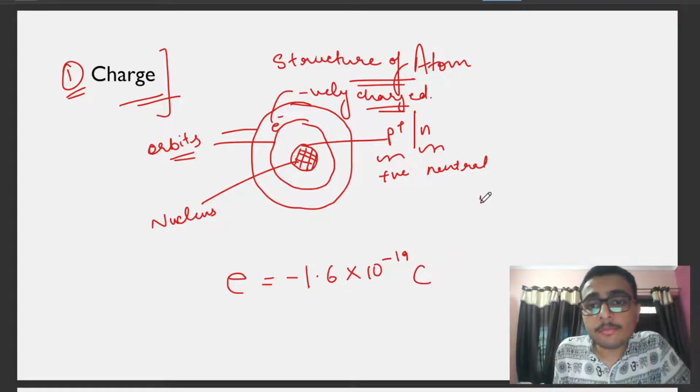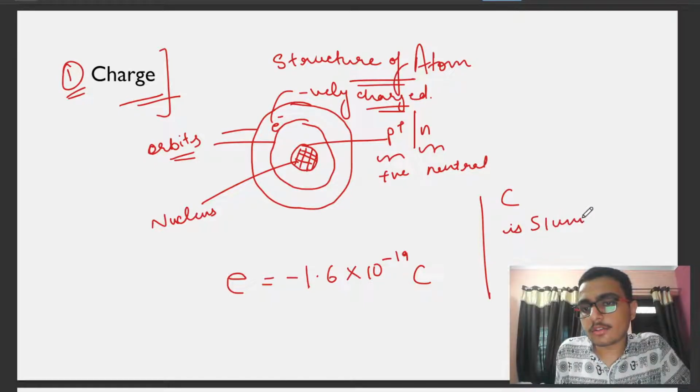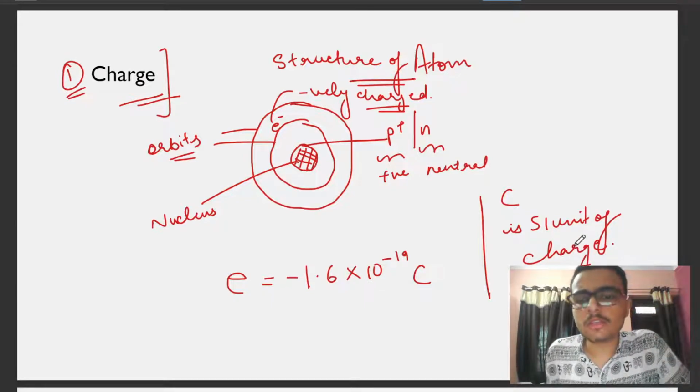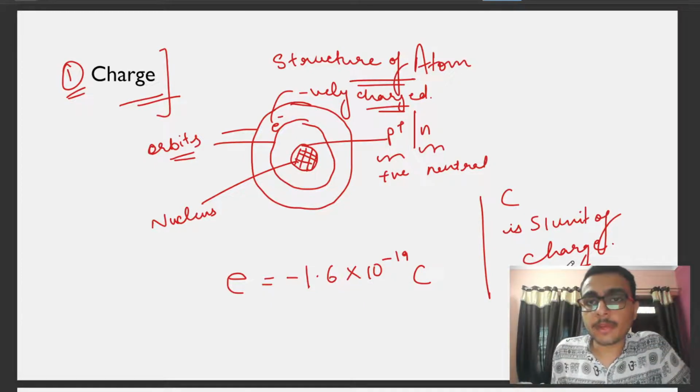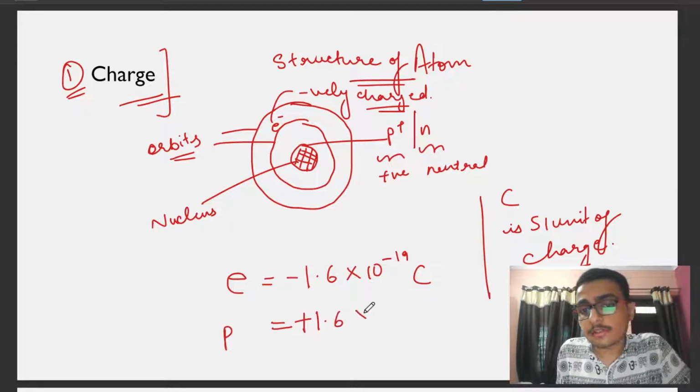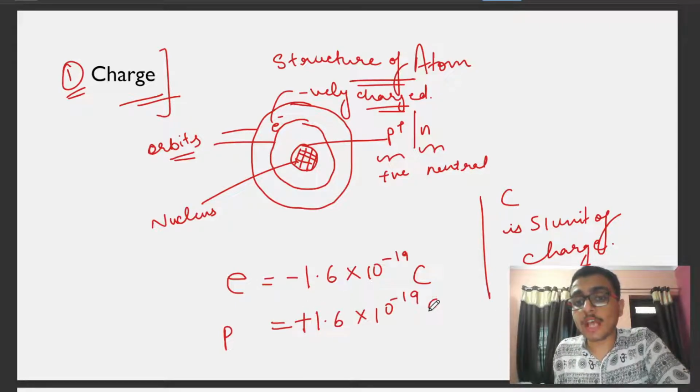Coulomb is the SI unit of charge. So if someone asks what is the charge carried by the electron, we would say the electron carries minus 1.6 into 10 power minus 19 coulombs of charge, whereas the proton carries plus 1.6 into 10 power minus 19 coulombs of charge.